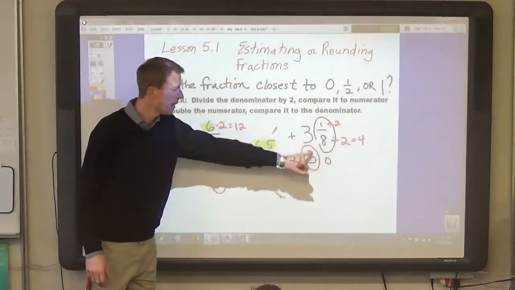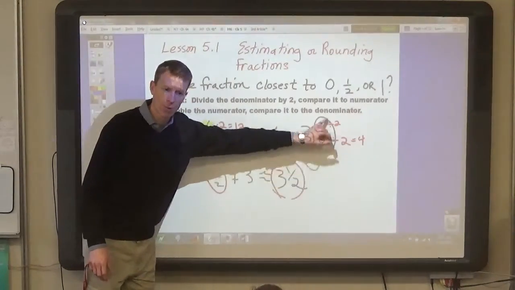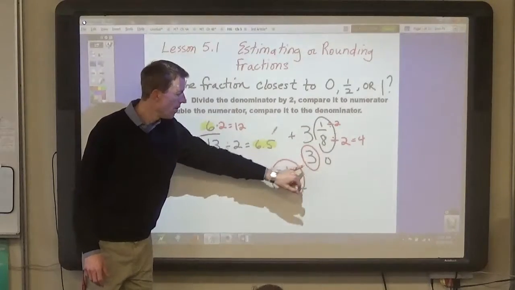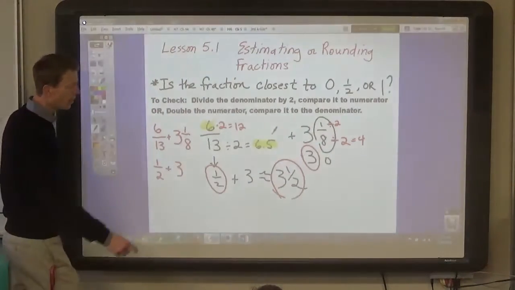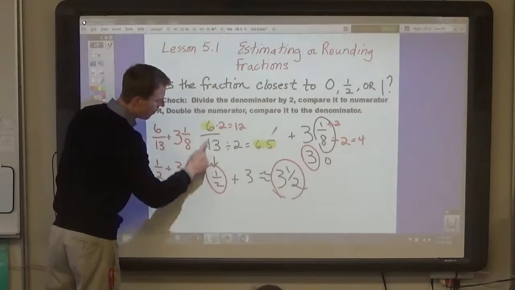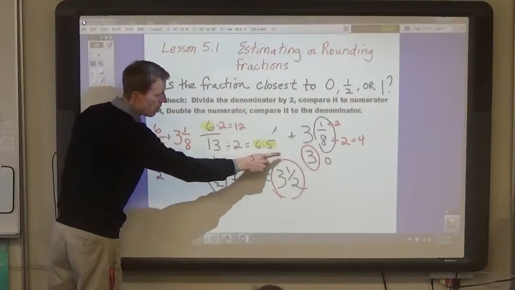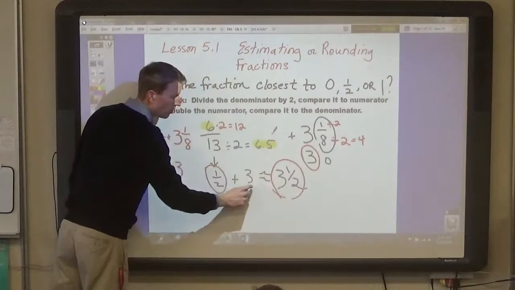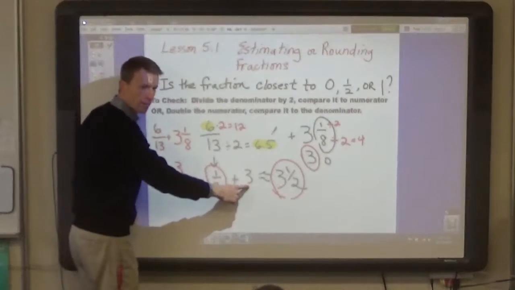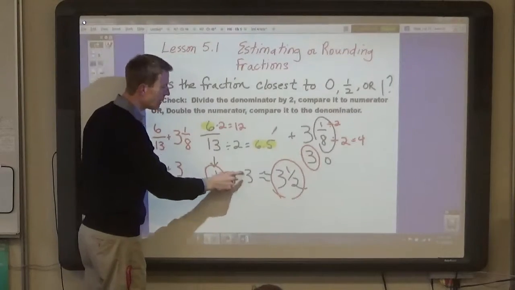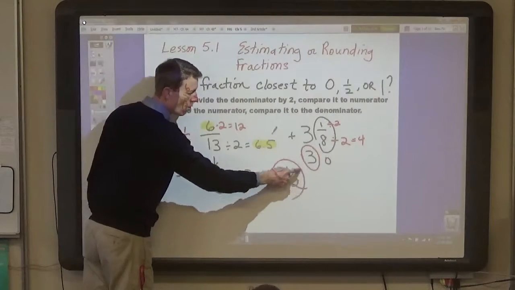So, the best estimate is 0 for the fraction. And then, when we add 1/2, 6/13 rounds to 1/2, and 3 1/8 rounds to just 3. So the best estimate is 3 1/2.